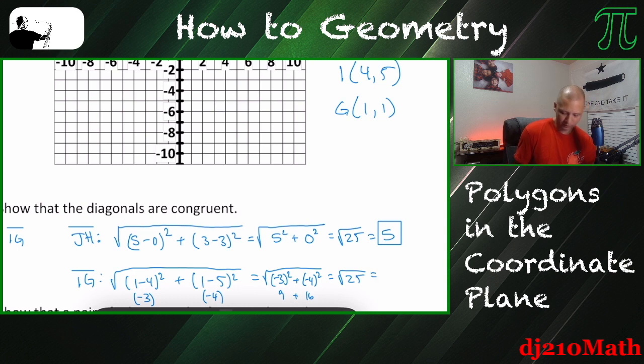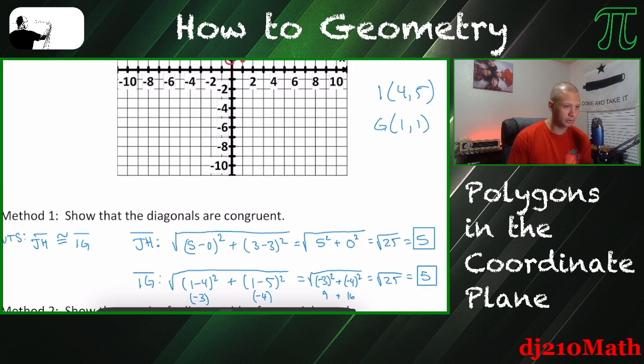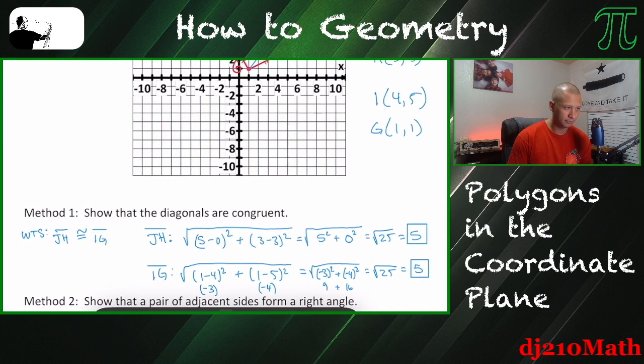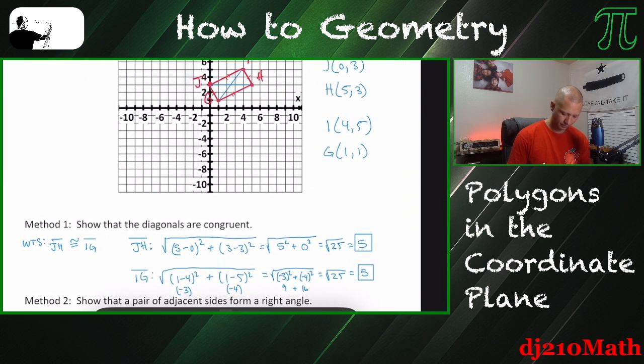And again, the square root of 25 is 5. So here we showed exactly what we wanted, that JH is congruent to IG. So we can make a statement that IG is congruent to JH. Therefore GHIJ is a rectangle.